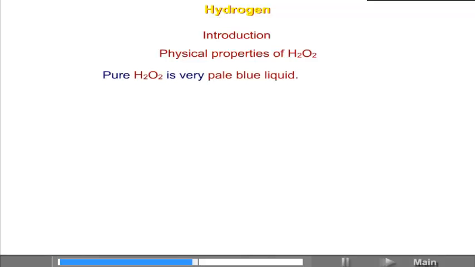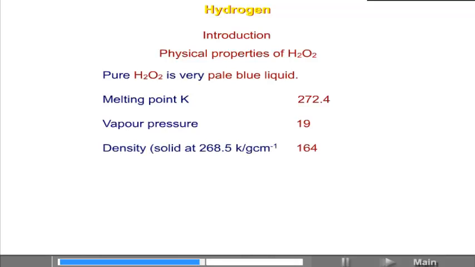Pure H2O2, that is hydrogen peroxide, is very pale blue liquid. Melting point in Kelvin is 272.4. Vapor pressure at 298 Kelvin in millimeter of mercury is 19.